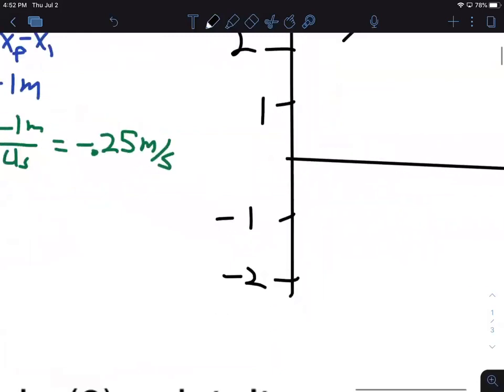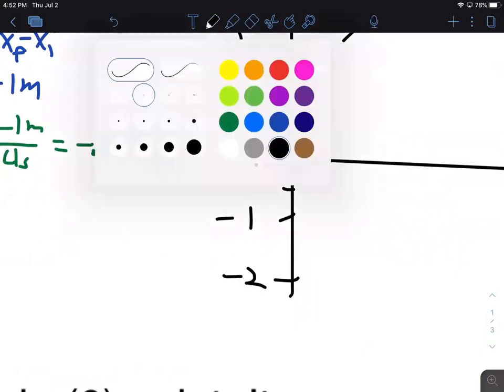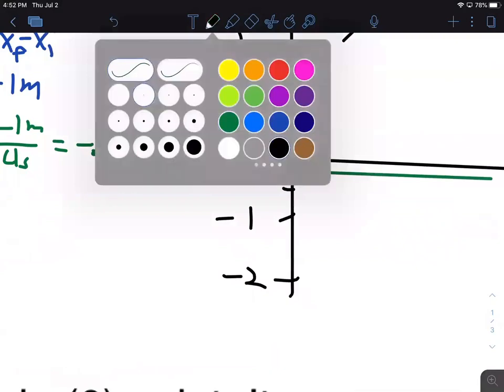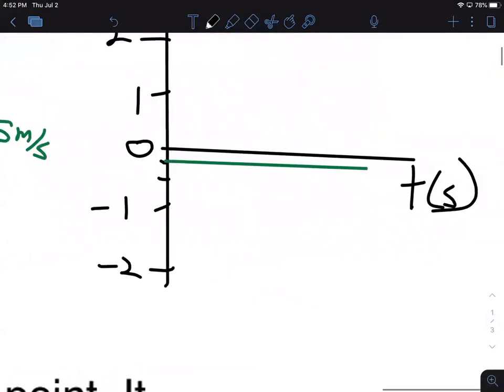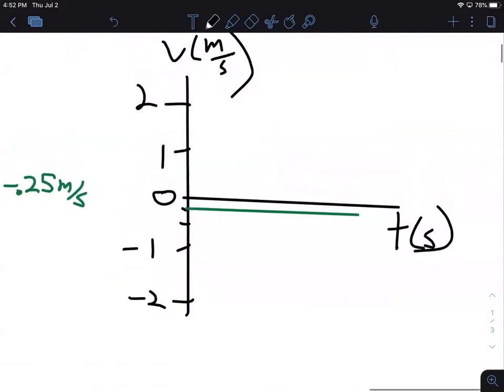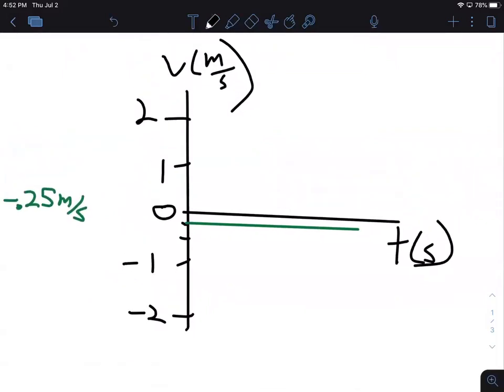So a quarter. This would be half. There's a quarter. And notice now I'm on the negative part of the graph. Always, always, always a good idea to put your 0 point on the graph. All right, it's a little crooked, but we're good there. So that would be my velocity.